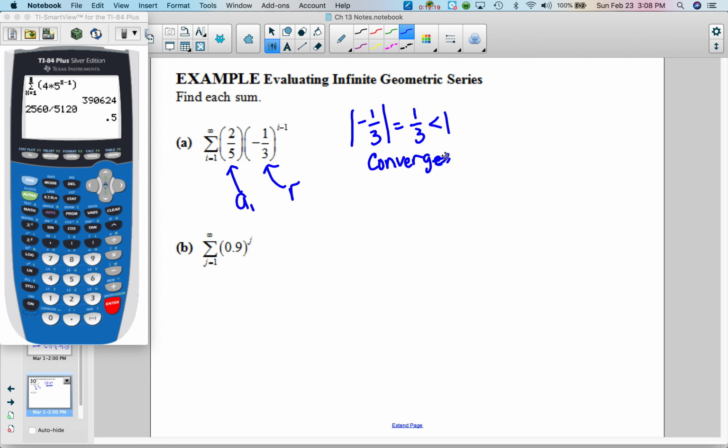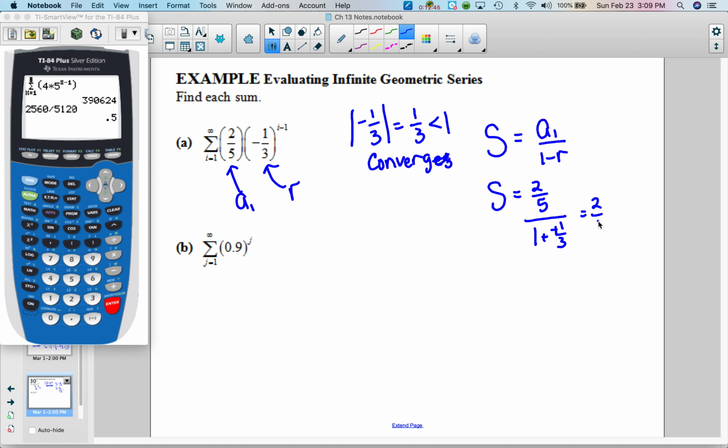Okay. So then we have s, and you don't have to put the infinity sign. If you just put s without a number there, it's just kind of assumed to be that. So here was our formula. So we get 2/5, and then we're going to have 1 minus a negative 1/3.